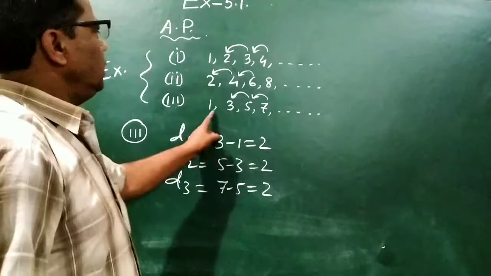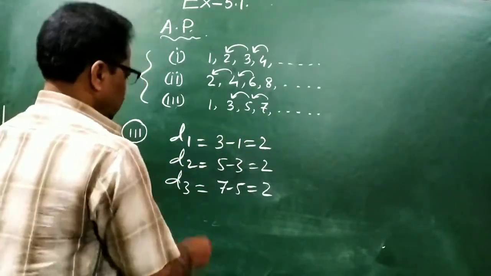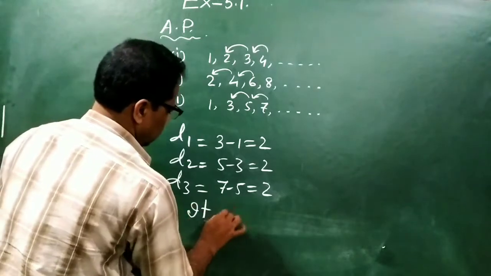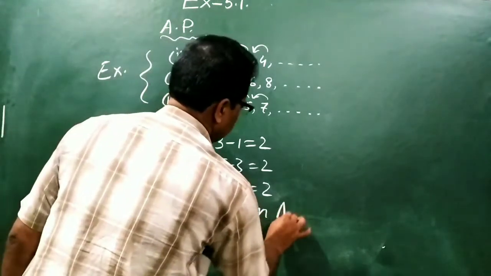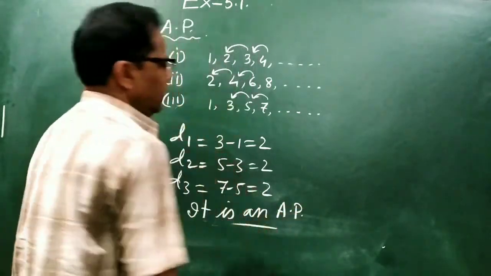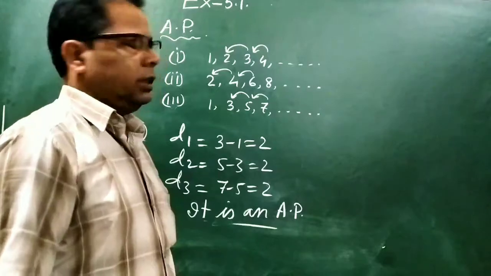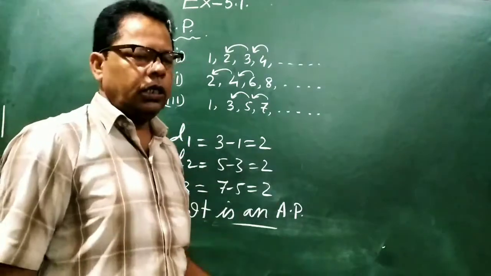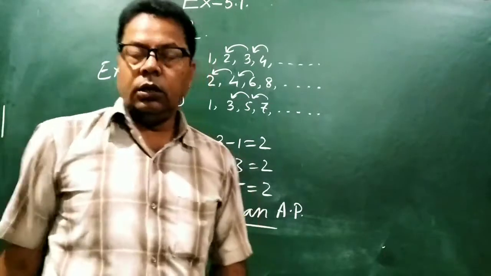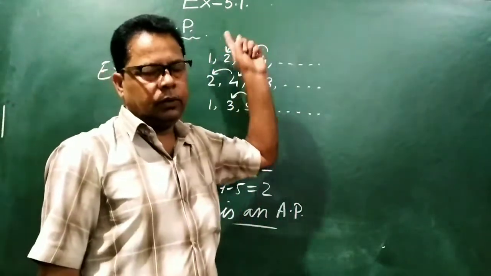They are following a certain rule. They are in sequence. Therefore, it is also an arithmetic progression. So when we find the numbers are in a certain pattern, then it is an arithmetic progression. Let's enter the exercise 5.1, question number 1.